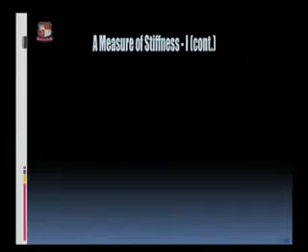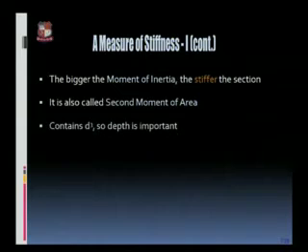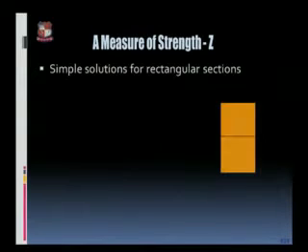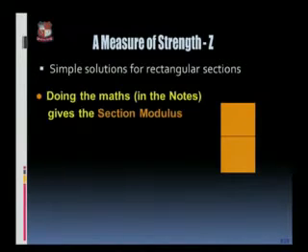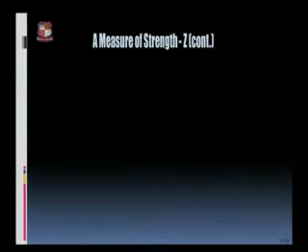Then we have to find out the value of y. So y value will be nothing but d by 2. So what will be the section modulus? The section modulus will be Z, that is equal to I by y. What is I? BD cube by 12. What is y? D by 2. So BD square by 6 is the section modulus.